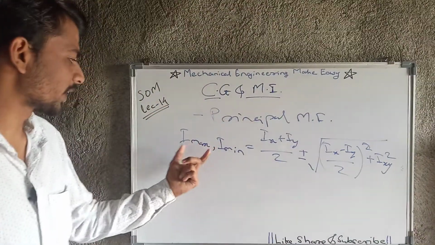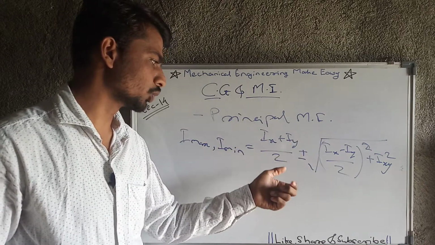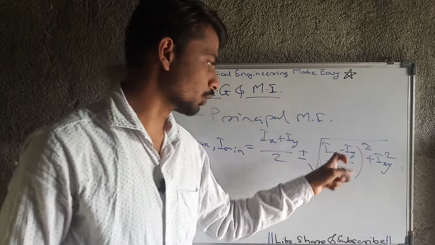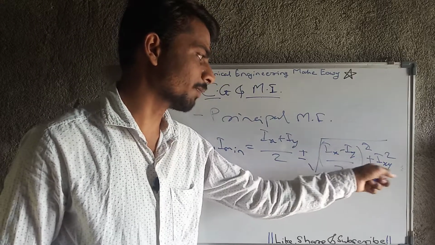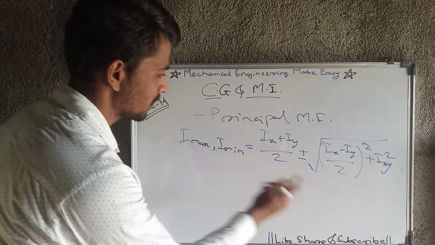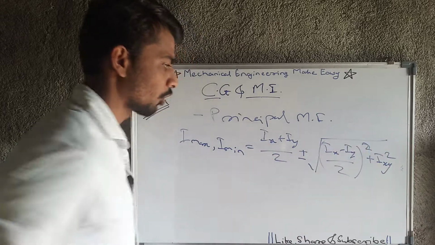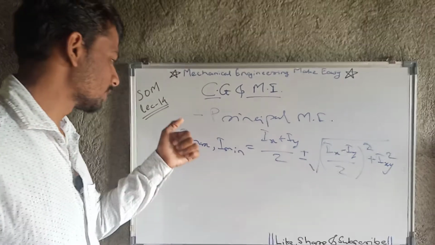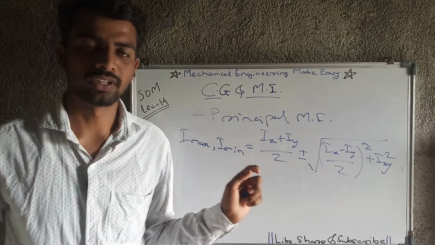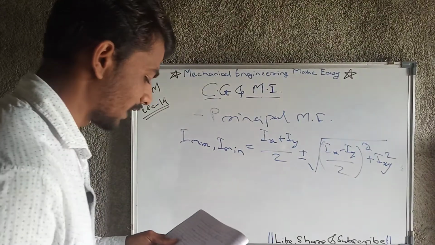If we need to calculate Imax, we take the plus sign: (Ix plus Iy) by 2 plus under root ((Ix minus Iy) by 2) whole square plus Ixy square. This is the formula for Imax, and for Imin simply replace this plus sign by a minus sign. All the rest of the formula is the same. So these are the maximum principal moment of inertia and minimum principal moment of inertia.